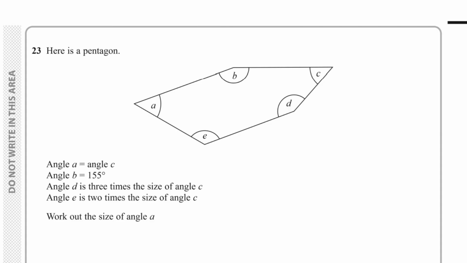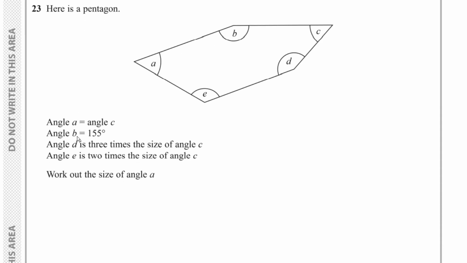Question number 23. Here is a pentagon. The angle A is equal to the angle C. The angle B is 155.